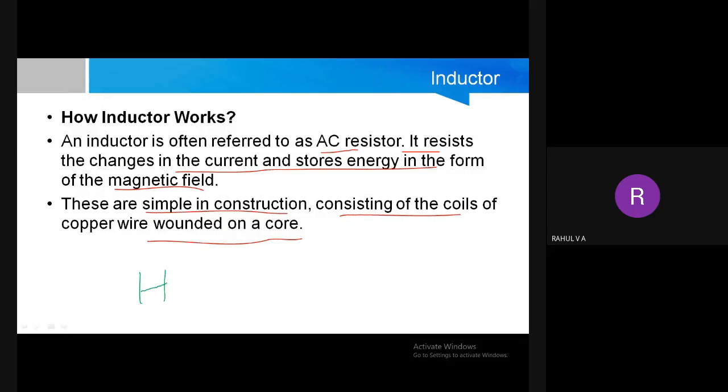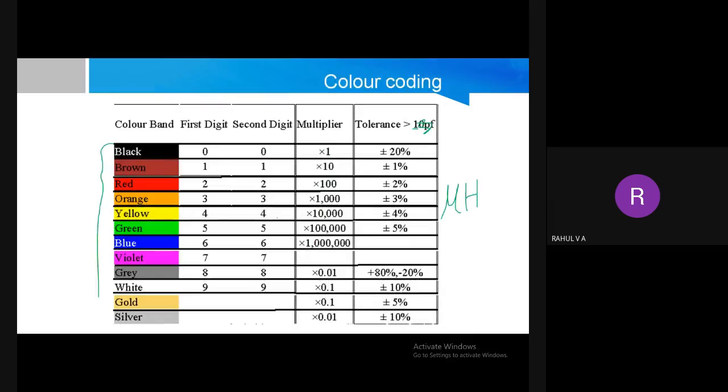I think all of you know that it is Henry, and normally it is represented using the symbol H. So if you follow this table, the value we get is in microhenry. In the resistor case we got the value directly in ohms, in the case of capacitance it was in picofarad, and in the case of inductance we get the value in microhenry. Remaining everything is the same.